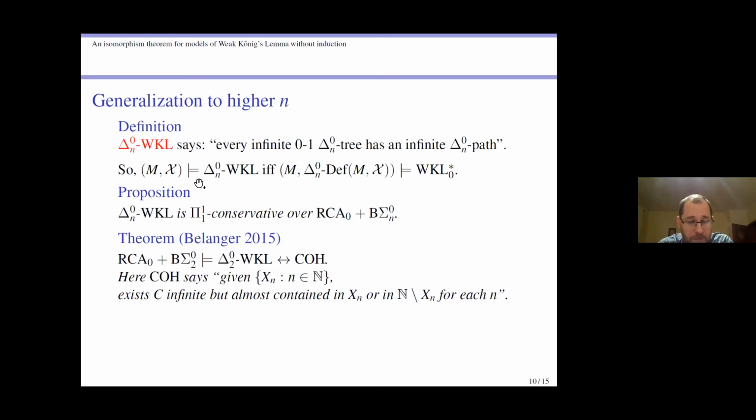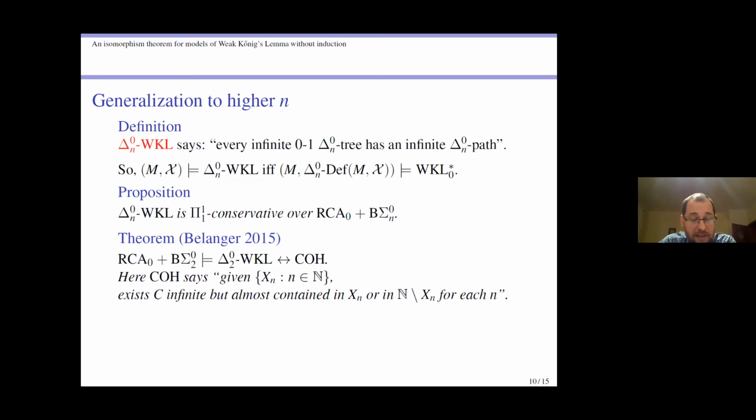So this Δₙ weak Kőnig's lemma is true in a model of second order arithmetic if and only if the Δₙ definable sets of that model satisfy weak Kőnig's lemma star. Okay, that's exactly designed for the statement to work. So basically this principle actually proves Σₙ collection.